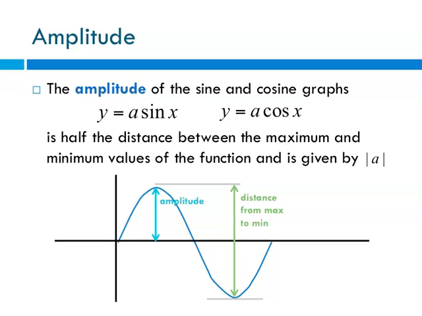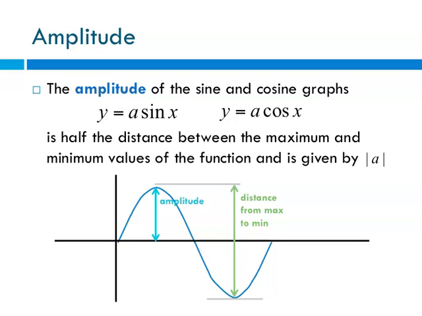Now, the reason why I'm not telling you it's the measure from 0 to the max or 0 to the min is because there could be other transformations that force this entire graph to be, let's say, shifted up a lot further. Let's say it's not even touching 0. So we can't use 0 as a good starting point because we are going to have different transformations in addition to transformation of the amplitude.